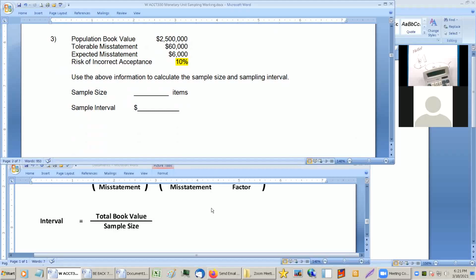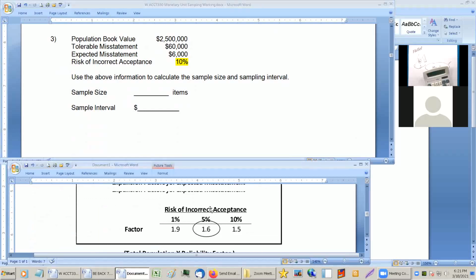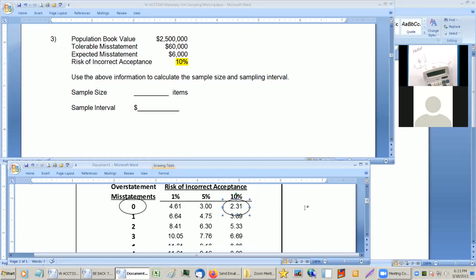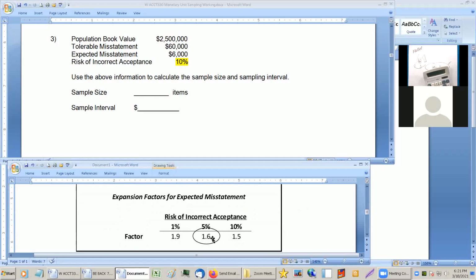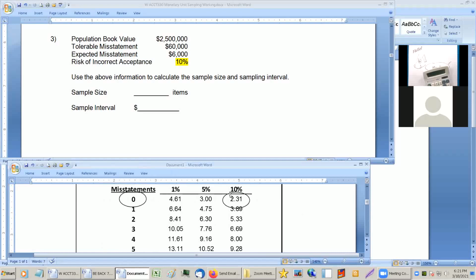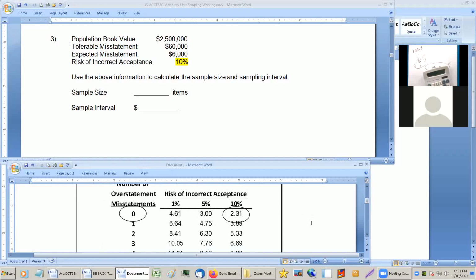So when it comes to these tables down here, you're going to be using the 10% ones rather than the 5%. You can see that they change. It matters what your risk of incorrect acceptance is.